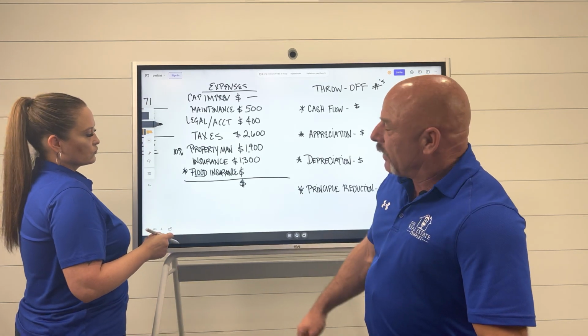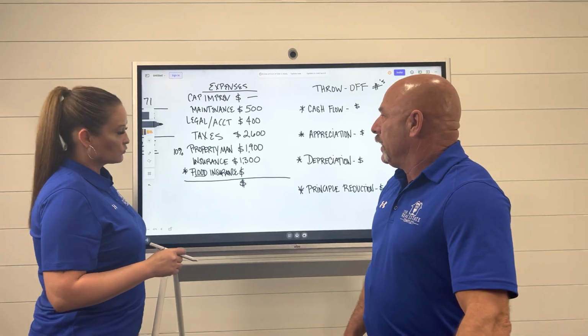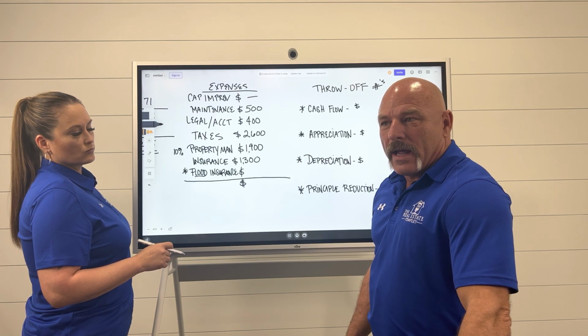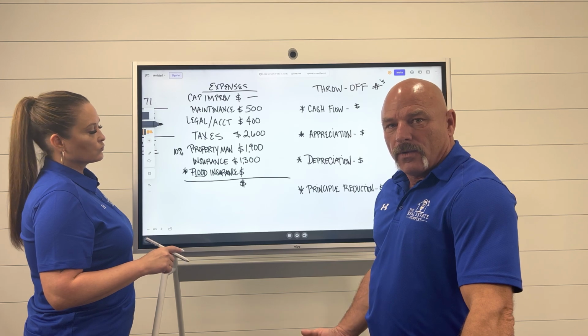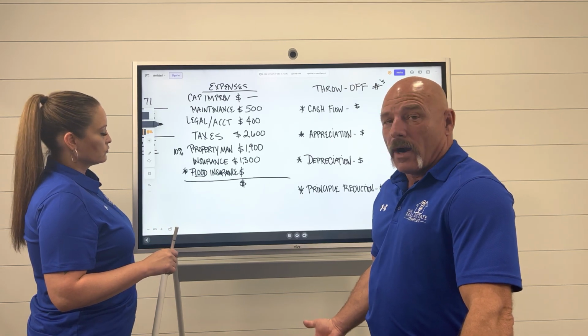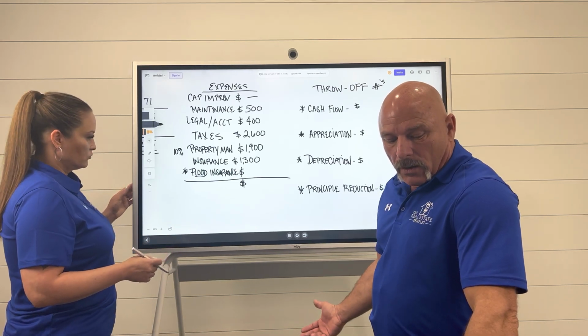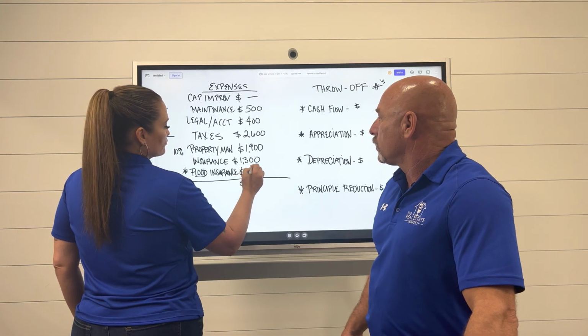But what they didn't put in there was flood insurance. When I go to a bank and I want to put insurance on this house, it's in a flood zone. So if it's in a flood zone, the bank is going to require you to put flood insurance on it. When you go get flood insurance, it's probably going to cost you somewhere around $1,200 for flood insurance on a $300,000 house.